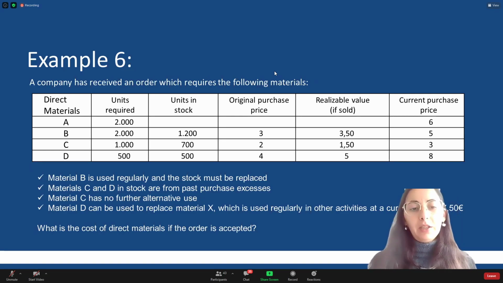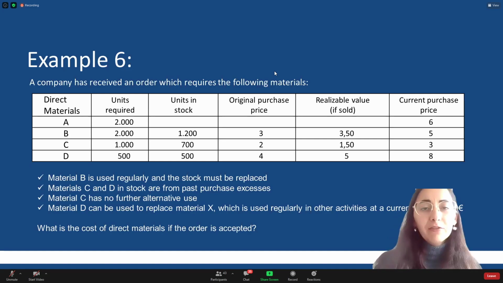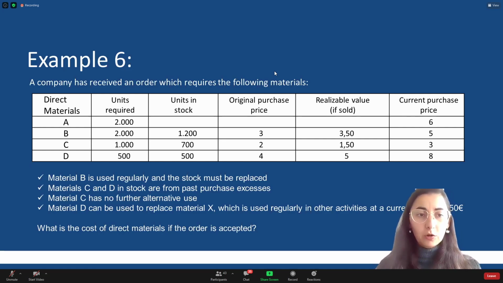No, material D is what we need for this special order. If we don't use it in this special order, the amount that we have in stock, we can either sell it or use it to replace. Now we have to decide what is the best alternative for the organization. So if we were in the organization, which option should we choose, to sell or to replace?